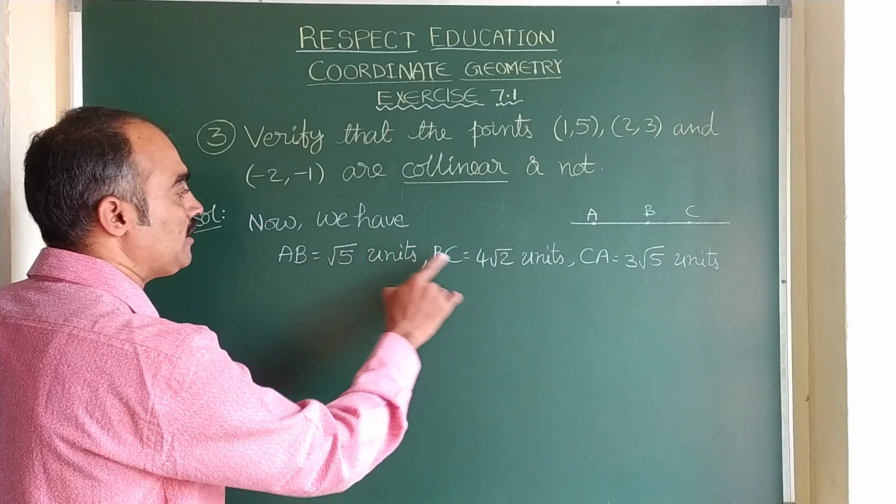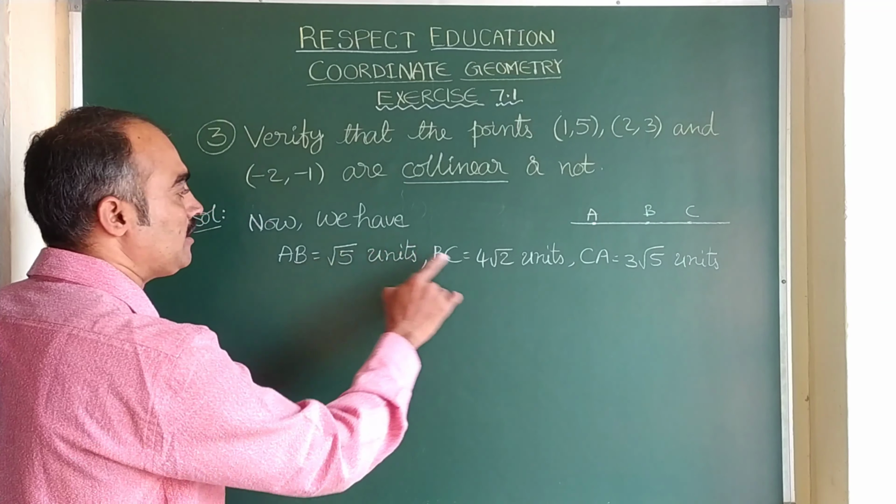First we added the first two, where we are not getting the third one. Now we add these two, BC plus CA. Let us check whether on adding them we can get at least AB or not. BC is 4 root 2 plus CA is 3 root 5. These two are not like terms, so we cannot add them unless we substitute the root 2 value and root 5 value.